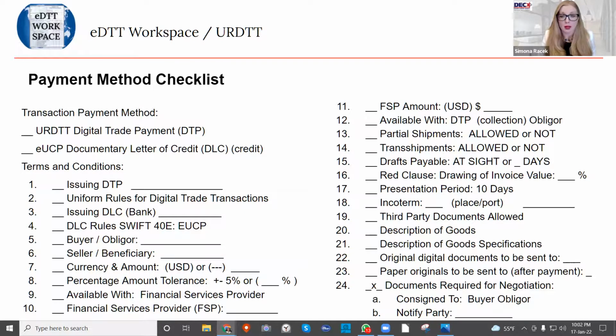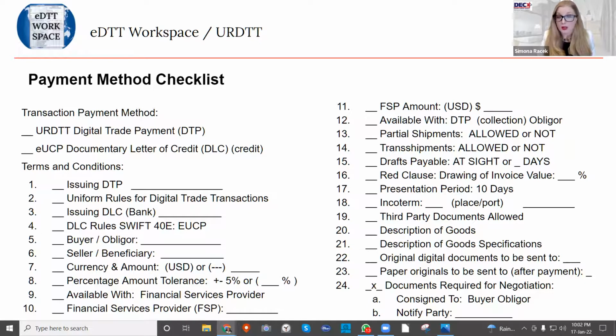All payment methods are either a credit or a collection. The collection payment method used through our workspace, once again, is called eDTT, digital trade payment. And the credit payment method used through our workspace is a EUCP documentary letter of credit.